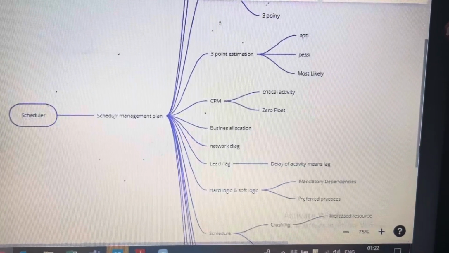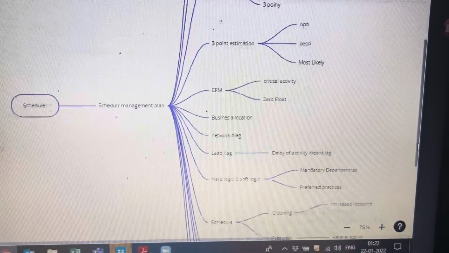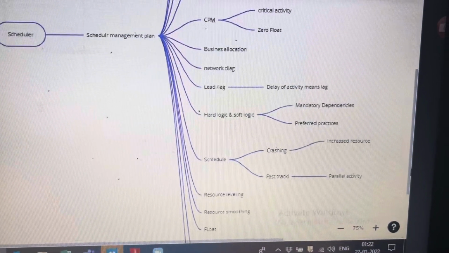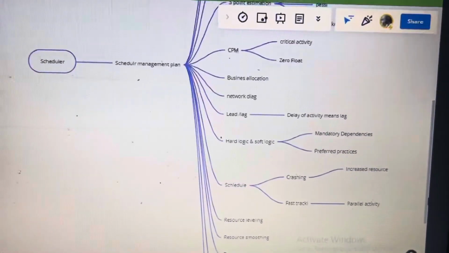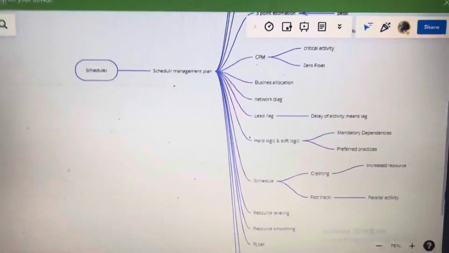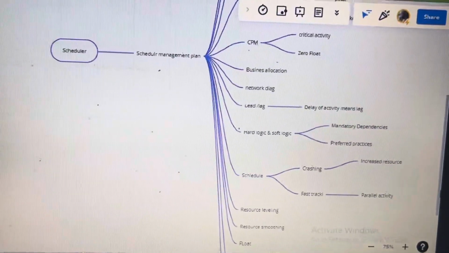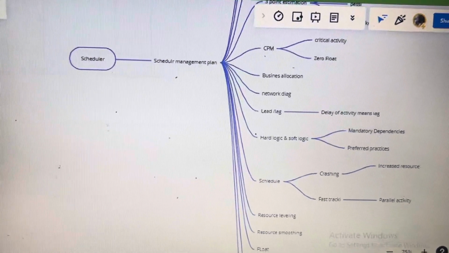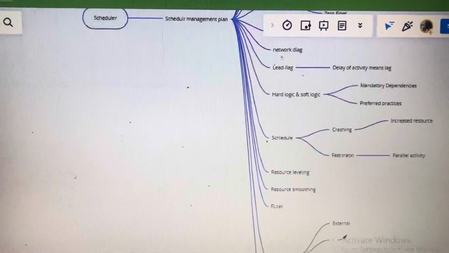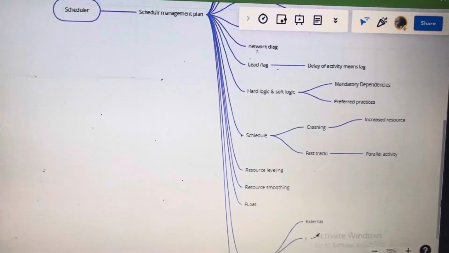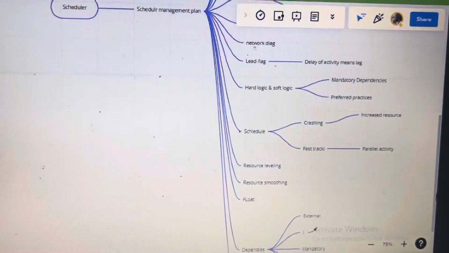We discussed resource allocation, network diagram, the lead and lag concept, hard logic and soft logic, in which soft logic is considered preferred practices and hard logic is considered mandatory dependency. Then we talked about crashing and fast tracking, where crashing means increasing resources and fast tracking means parallel activities.